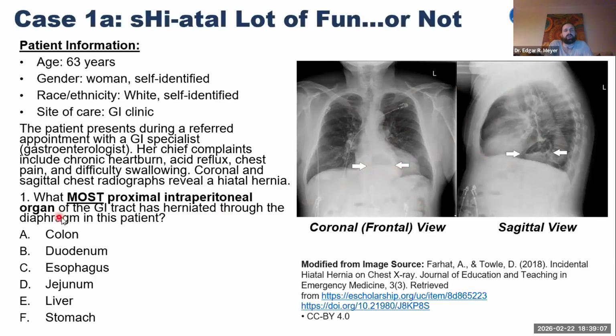And so a question related to this case is, what most proximal intraperitoneal organ of the GI tract has herniated through the diaphragm in this patient?